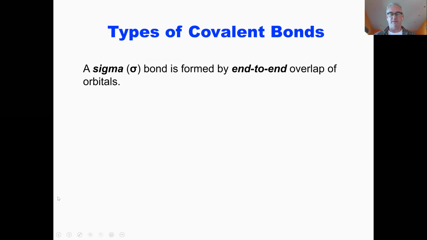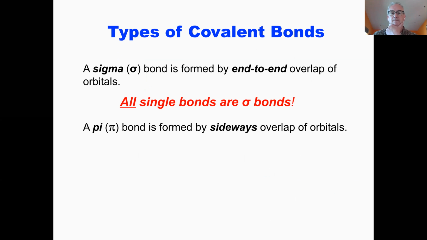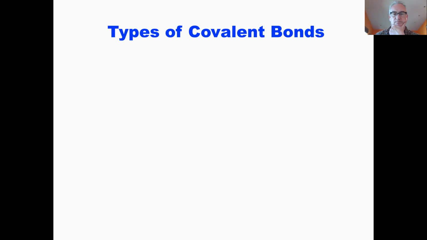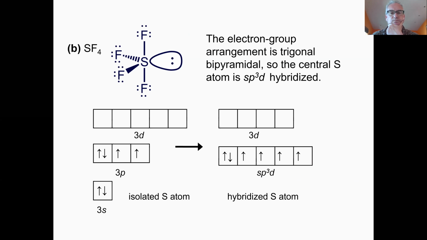Professor? Yes. I have a question on the last slide. Do you mind going over really quick why we don't put an electron in 3D? On the last slide. Because we don't have any bonding. We don't need any electrons there, basically.